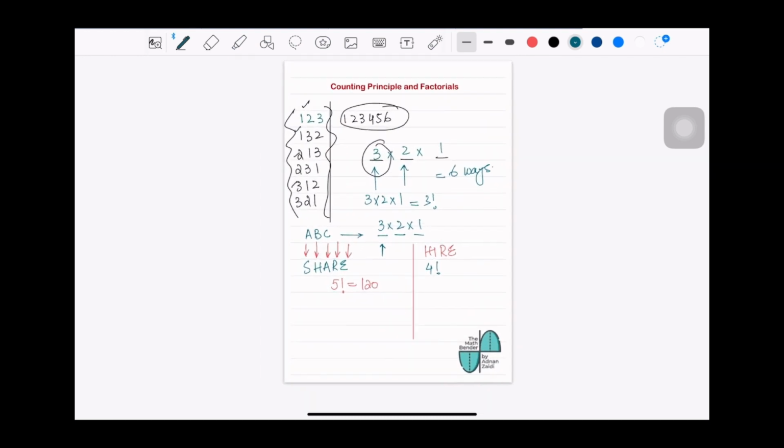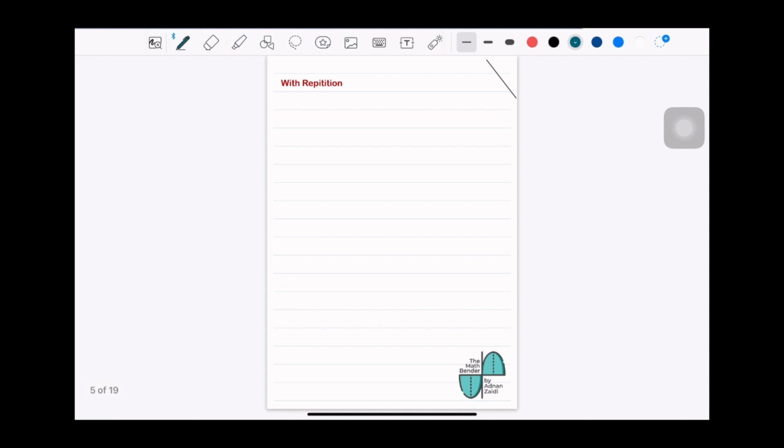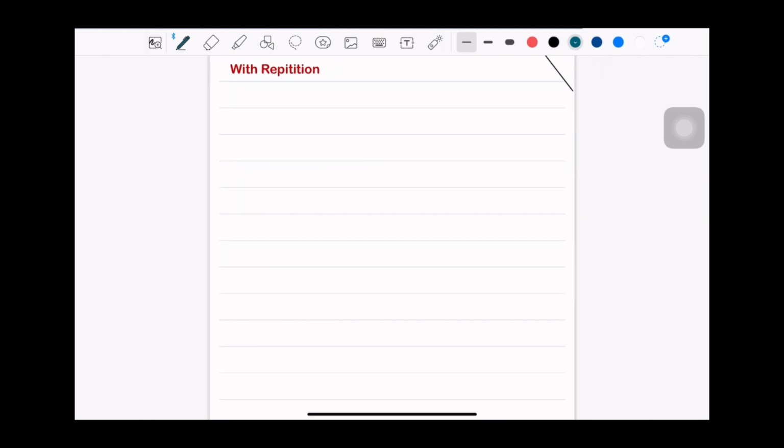Okay, so let's see when there's a repetition involved. If I write a word E, E, E, the problem here is that factorial is for shuffling, so it takes all these three E's as different entities.